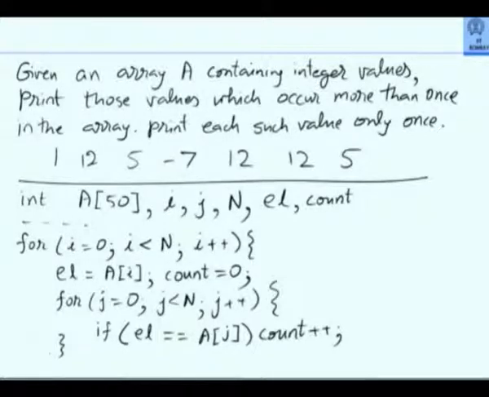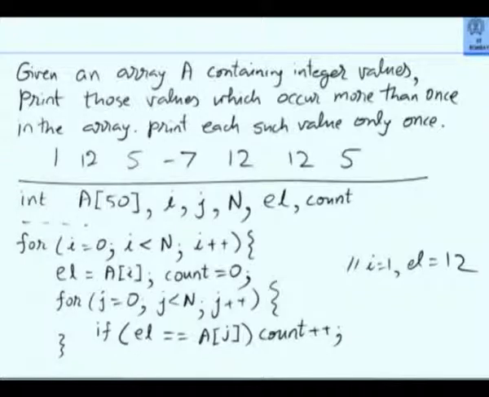Initially count was 0. Suppose I am examining 12, that is, i is equal to 1. When i is equal to 1, EL is how much? A[1]. A[0] is 1, A[1] is 12. So EL is equal to 12. And I run this loop with EL equal to 12. Now what happens in the inner loop? j is equal to 0 to n minus 1.